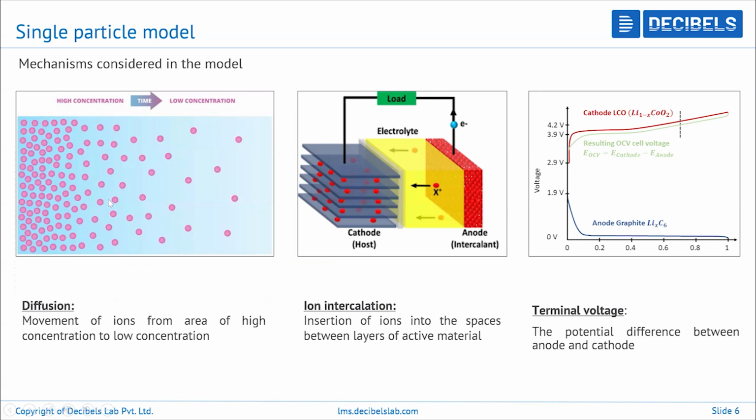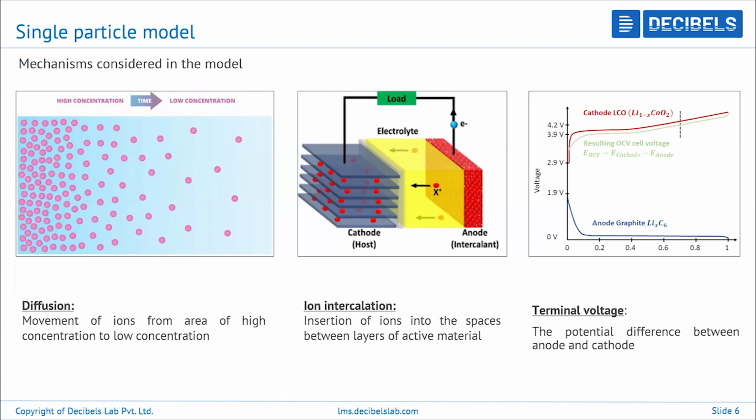There are 3 very important mechanisms considered in this. The first one is diffusion. The second is ionic intercalation. And the third is the terminal voltage, which is the end product of the cell. That's the final thing that the cell does. It produces the terminal voltage.